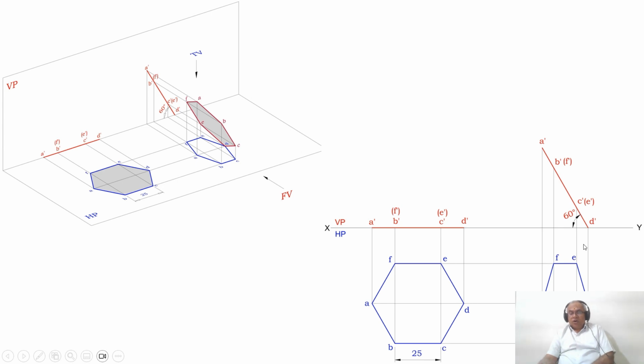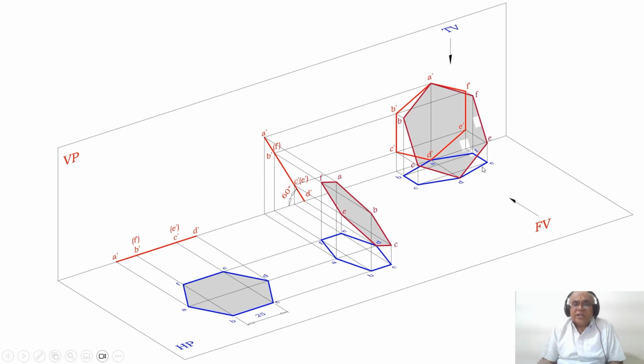Now, the corner opposite the corner rests on VP. So what does it mean? Since the corner resting on HP is D, the corner opposite to it is A dash. It is on VP. Then you rotate this in the clockwise direction such that you can keep that A on the vertical projector.